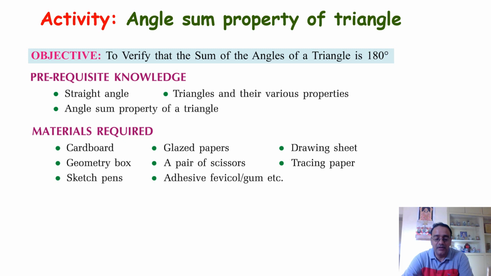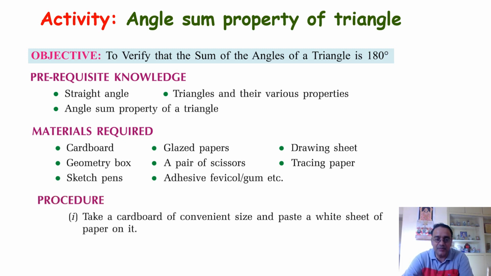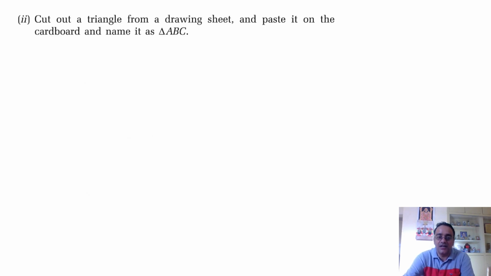And next step we need to write the procedure. Okay, so the first step is to take a cardboard of convenient size and paste a white sheet of paper on it. Then cut out a triangle from a drawing sheet and paste it on the cardboard and name it as triangle ABC.